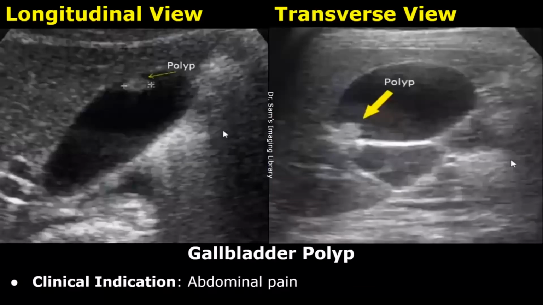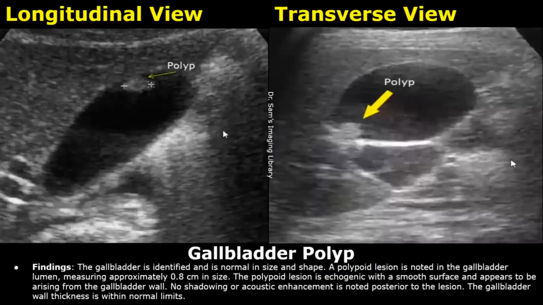For gallbladder polyp, the indication can be abdominal pain. Usually the gallbladder is normal in size and shape. You can write this line, and after that you can mention a polypoid lesion is noted in the gallbladder lumen, and then you can write its size.